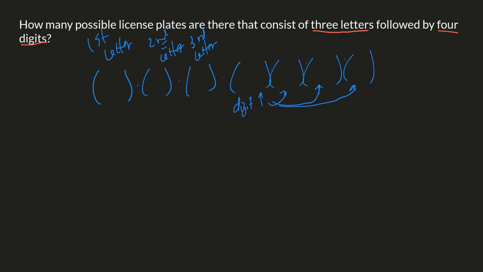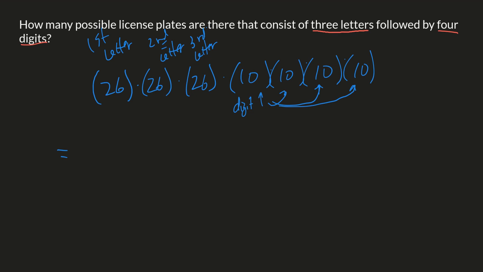Well, how many choices do we have for that first letter? 26. Second letter, since this is with repetition, 26. Third letter, 26. And so for the next, we have digits to choose from, 0 through 9. So we have 10 choices, 10 choices, 10 choices, and 10 choices.